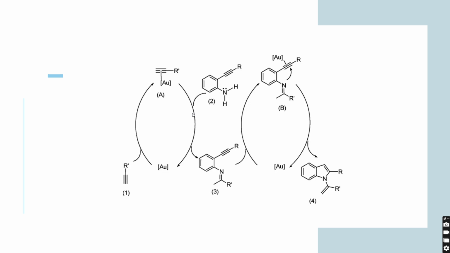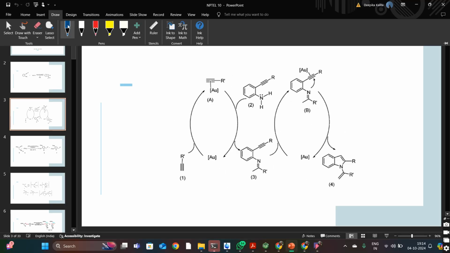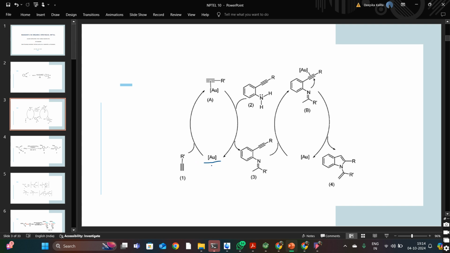Okay, so let us start the mechanism from here. Okay, from here we are going to start the mechanism. So you see gold catalyst first will add up to the terminal alkyne.